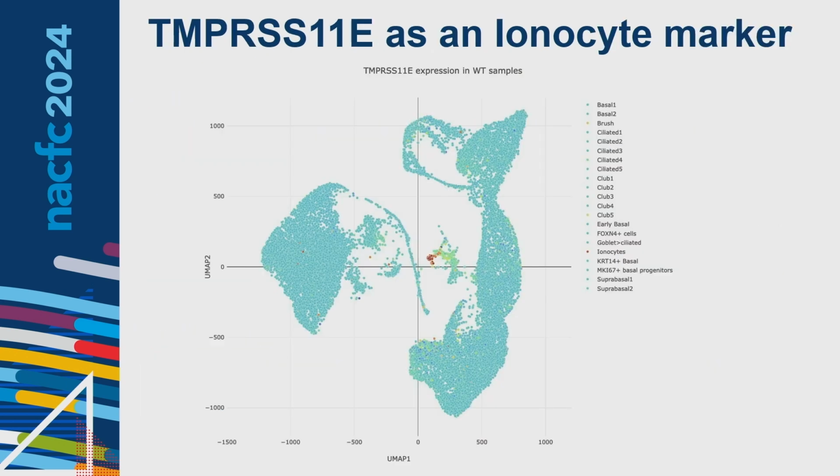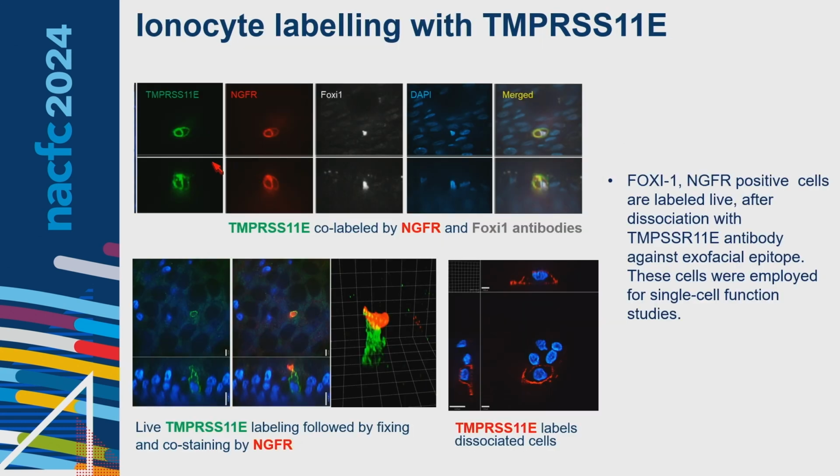Looking into the markers that we have used during the study, we used TMPRSS11E, which was highly enriched in the ionocyte population in the single-cell RNA-seq studies. We have also co-labeled the ionocyte markers TMPRSS11E, NGFR, and FOXI1 in fixed nasal epithelial cultures.